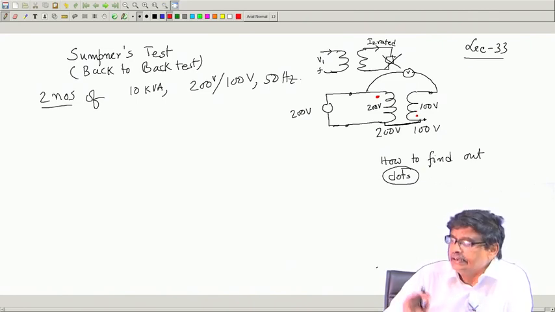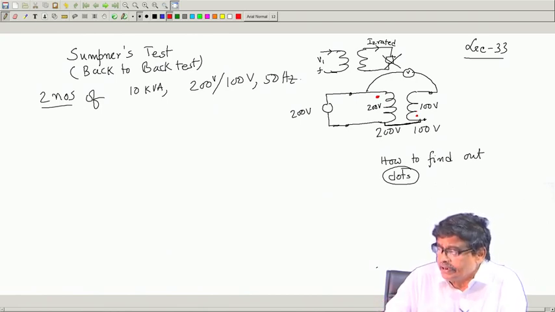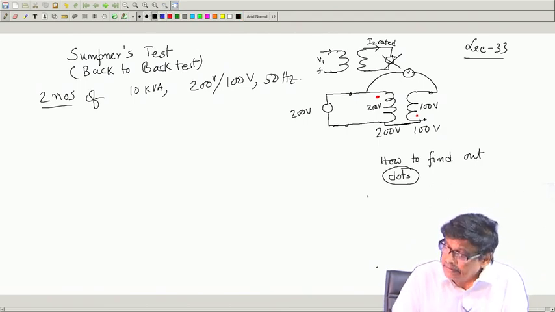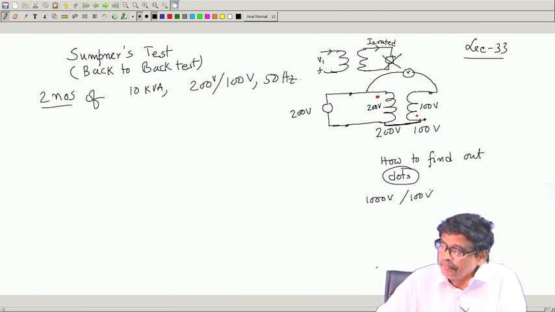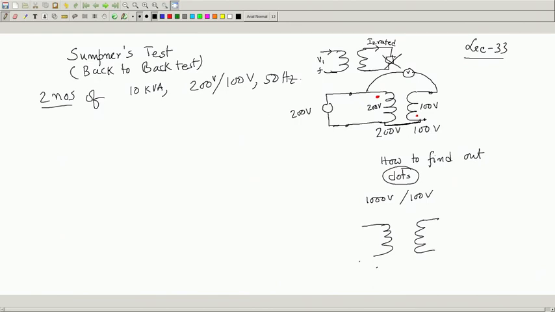Only one thing about this test, the comment is, suppose the ratio of the transformer is very large. For example, you have a transformer whose rating is say 1000 volt stroke 100 volt. In this case, what will happen is this: if you apply 1000 volt here, you will certainly get 100 volt, no doubt, and you are free to choose one dot terminal of one of the coils.